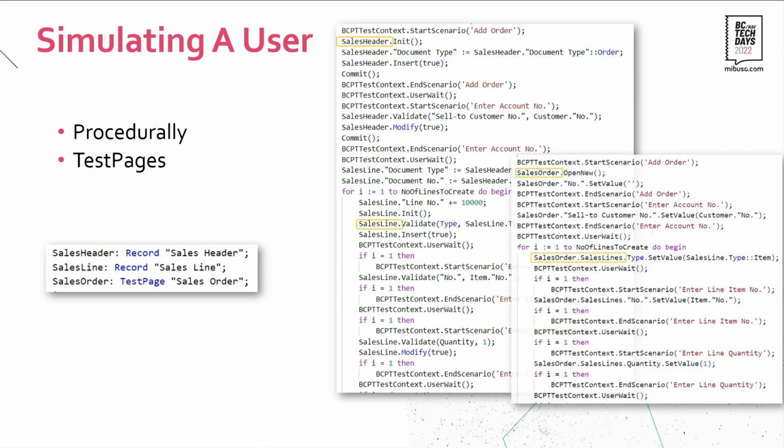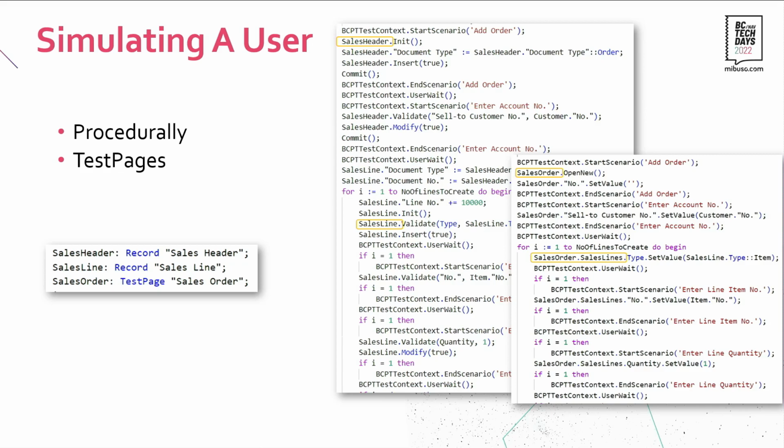And again, if you're using page testability, the only difference is basically that instead of doing all this init and assigning fields and insert, we're just using kind of the same actions as the user would. And then, of course, we want good data. So you should add, it's basically like a stopwatch.